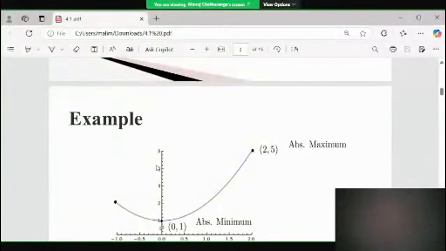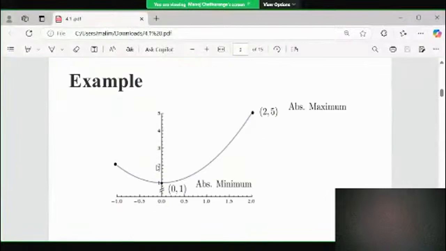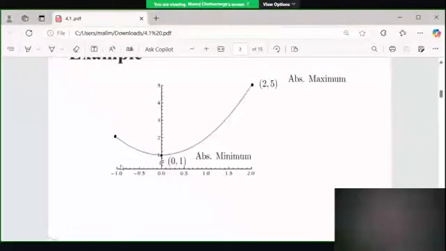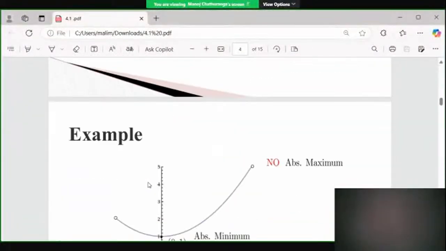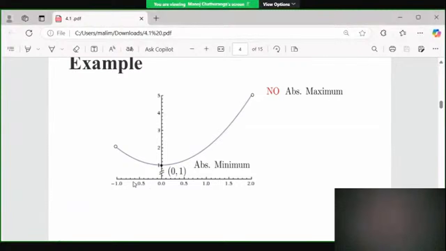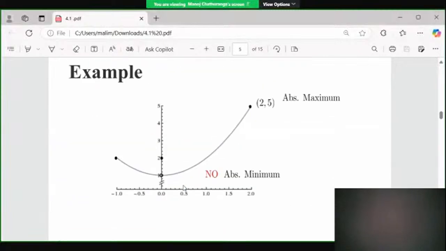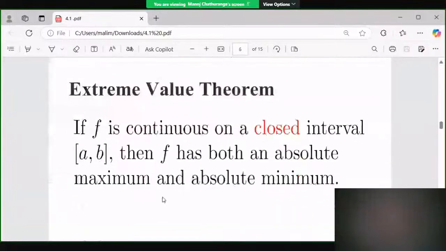You cannot have missing points in the domain. You have to have something like this. You have to have a closed interval. We cannot have these missing endpoints or missing middle points. You have to have a closed, complete interval with no missing points. This is called the extreme value theorem.